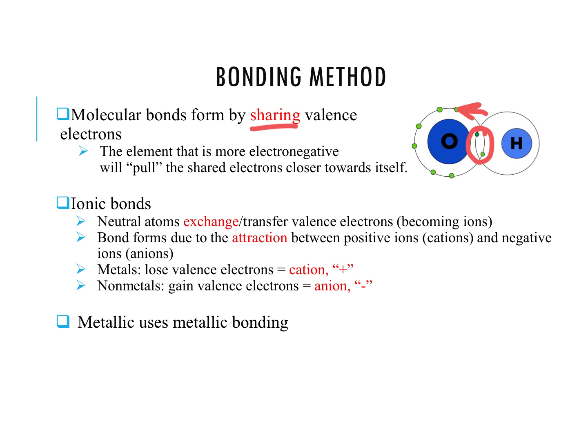In ionic bonds, neutral atoms exchange, transfer, sometimes we say steal, valence electrons, and then they become ions. So the bond is formed by the attraction between positive and negative. Remember that metals tend to lose valence electrons, which makes them cations, while nonmetals gain valence electrons and become anions with a negative charge.